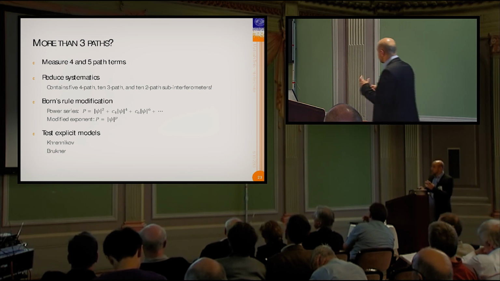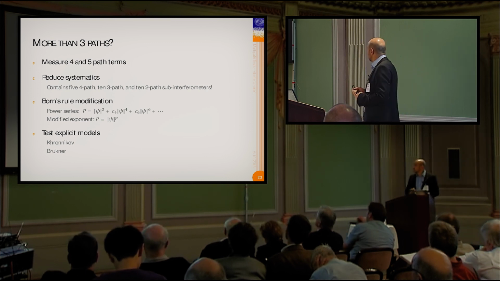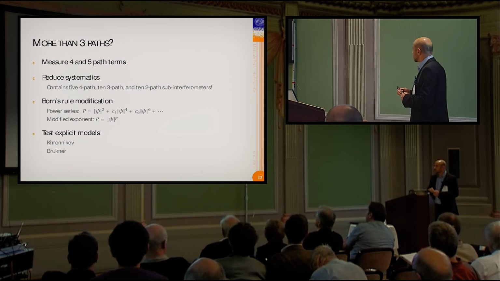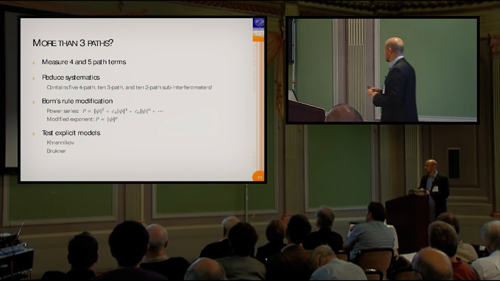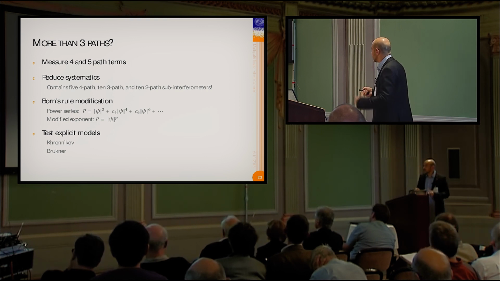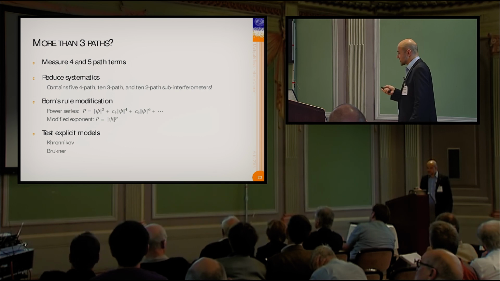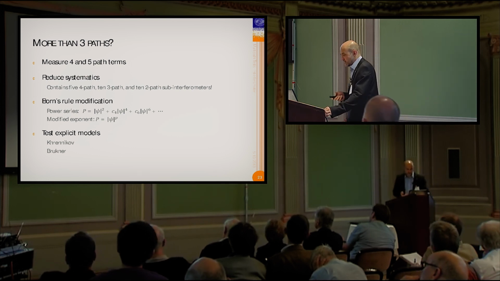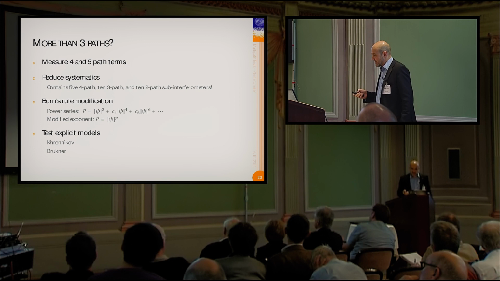That's good. And if we wanted to find out more about how Born's rule was broken, in case it was actually broken, we could get more information in that case. And then there's some explicit models that might actually predict a certain order of the violation, and this could also be detected better with a multipath interferometer.